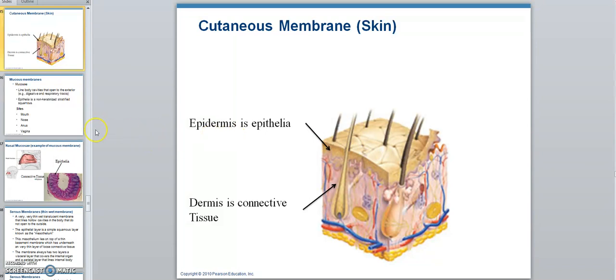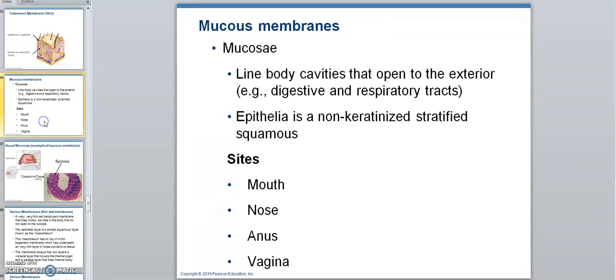So stratified means you're in an area of high abrasion, the mouth, you're brushing your teeth, the nose, all of that subject to the outside of the body. So you still need it stratified because you're rubbing layers off, but you don't want to waterproof because otherwise you couldn't put water with the mucin.